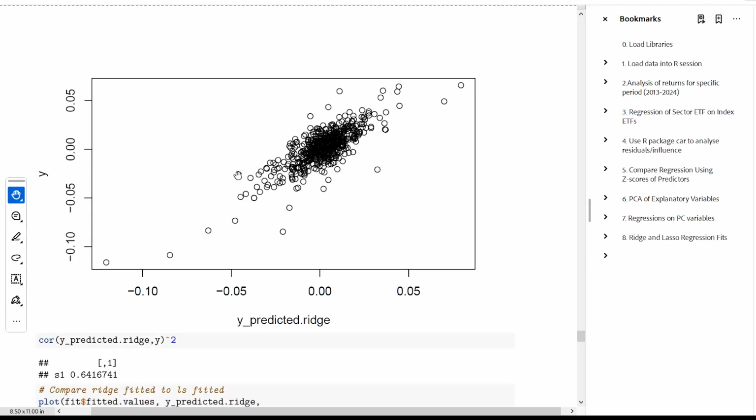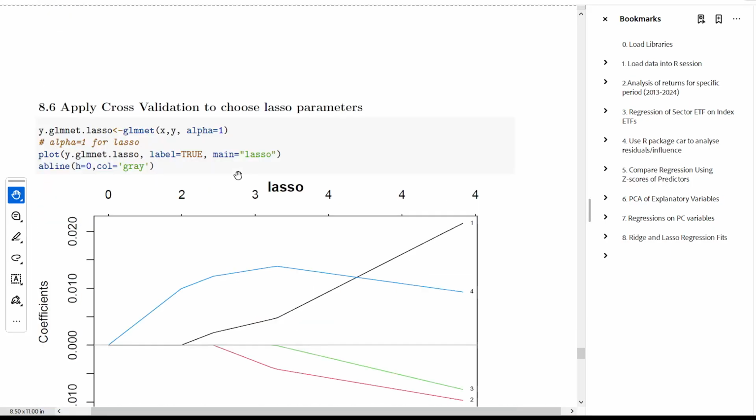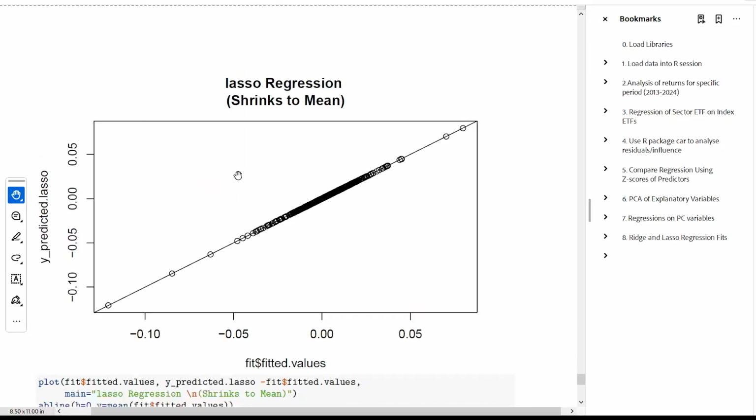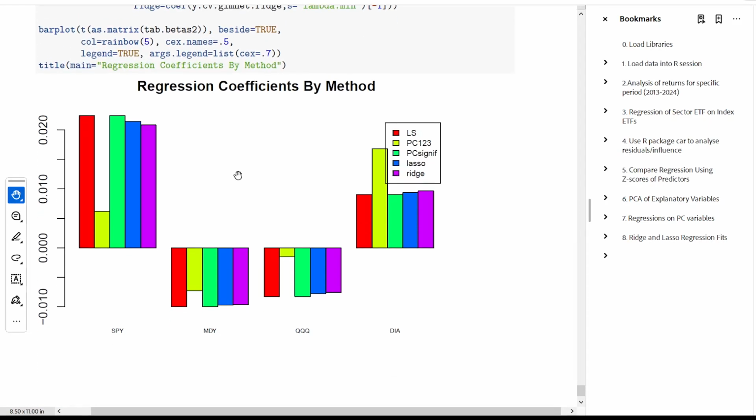All right, so this note goes through an illustration of Lasso and principal components regression, and it also provides a comparison of different coefficients by method. And what this final chart shows is the comparison of beta estimates by method.